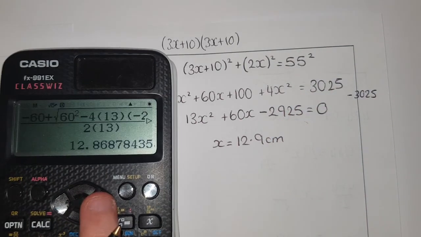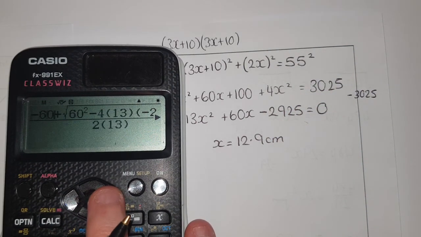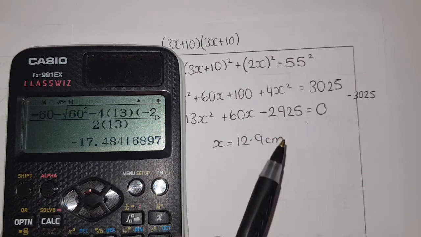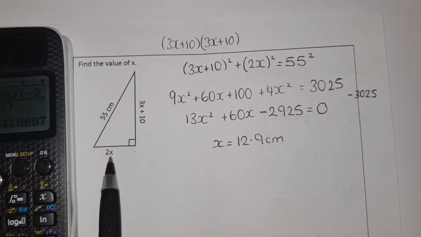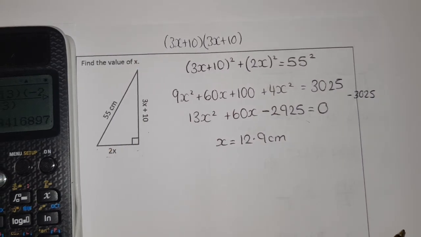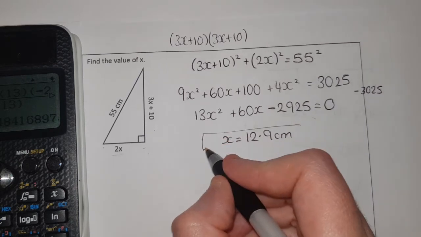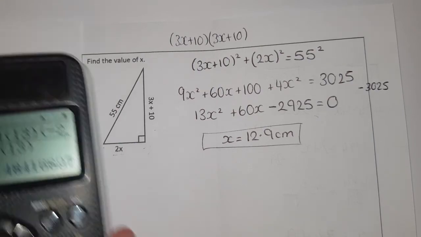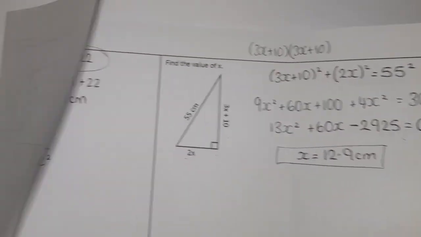Just to check, remember quadratics always give you two values, so we're going to go back and change that plus for a minus. I end up with a negative value, and since this is just 2x, I can't have a negative length, so the other one we just don't use. And that's it. x equals 12.9 centimeters. So that one hopefully a little bit more straightforward than the last one we saw.